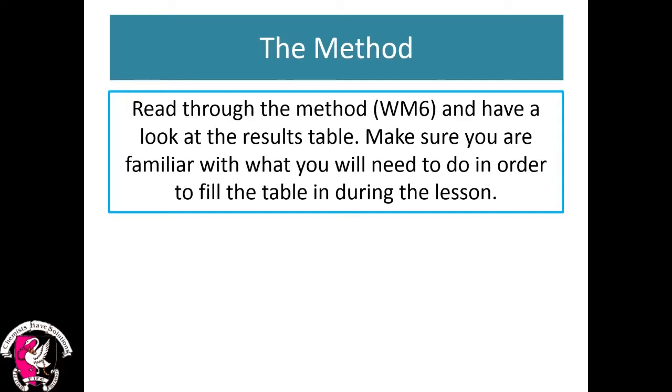So read through, annotate, or highlight anything that you need to remember or that will help you, and then come back to the video. Okay, so hopefully that all makes sense to you. It's quite a clear, simple activity, but just to make sure you're happy with that.